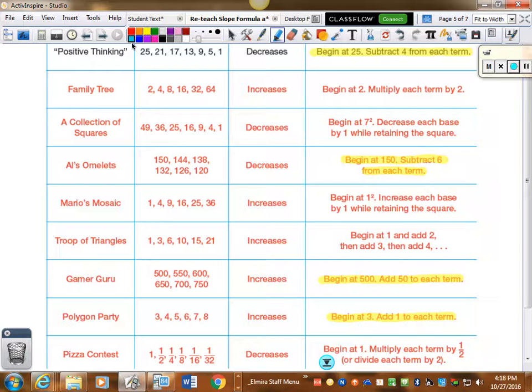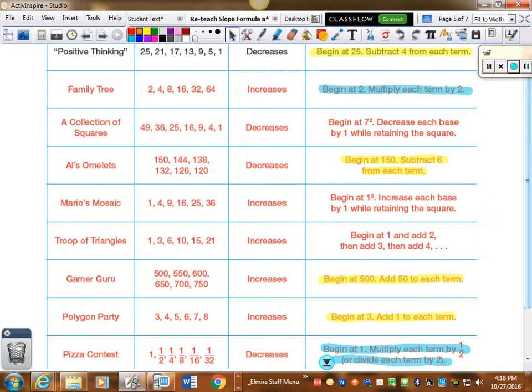Okay, then let's look at the next category here. In this category, and are we missing one here?